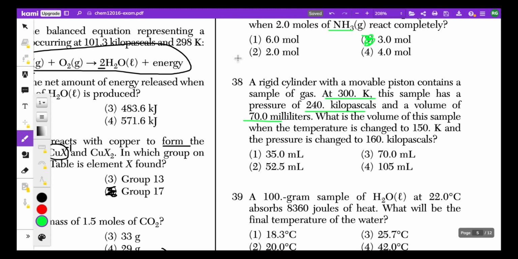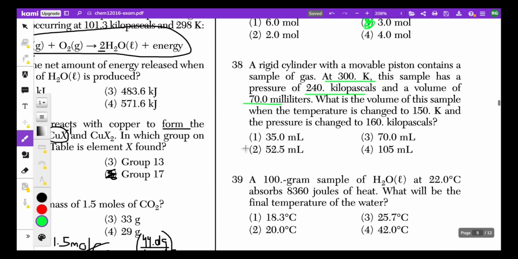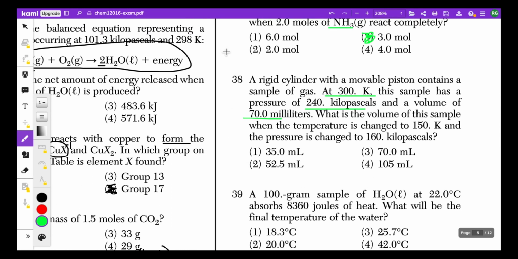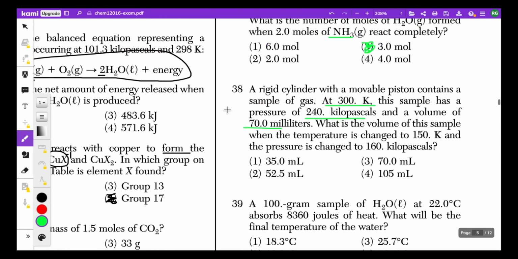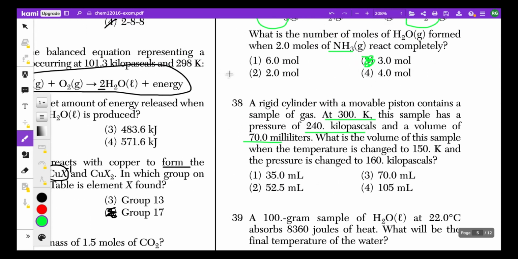So the formula, you're going to use that. So it's P1 times V1. So our P1, our pressure of our first thing, that's going to be 240 kilopascals. I'm not going to write the units because I'm lazy.